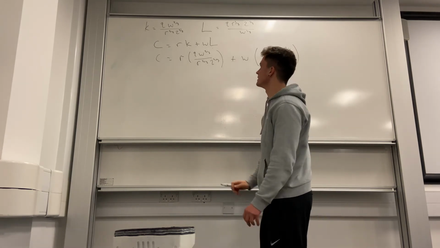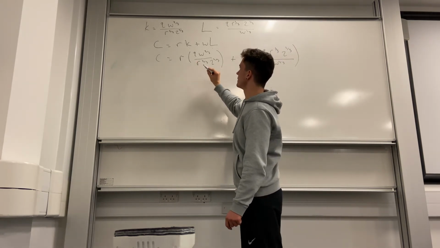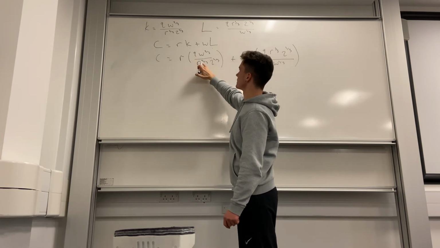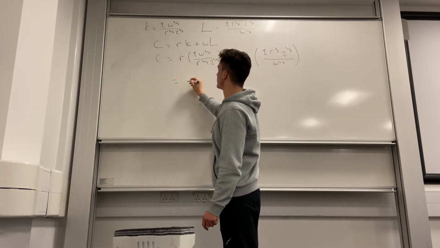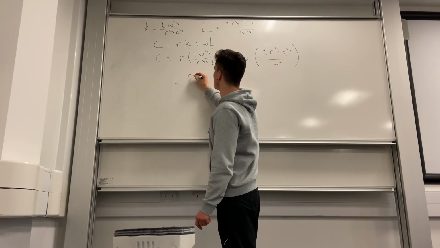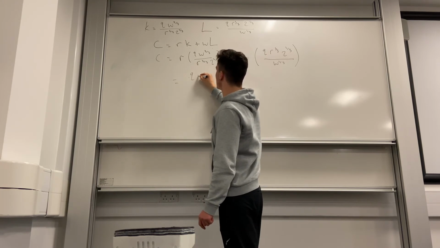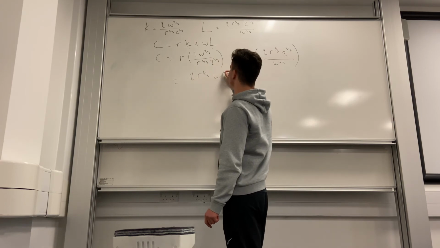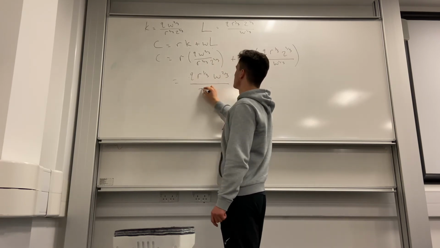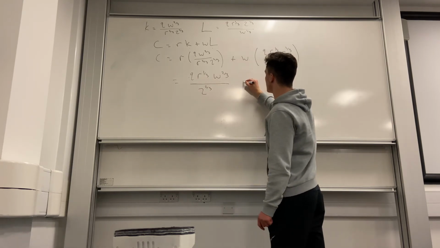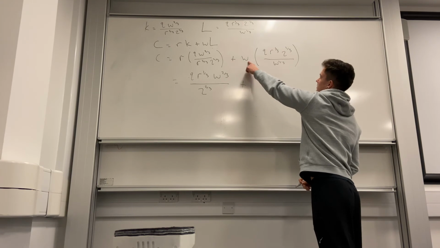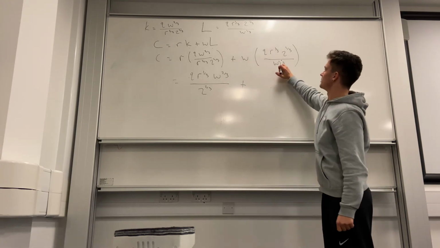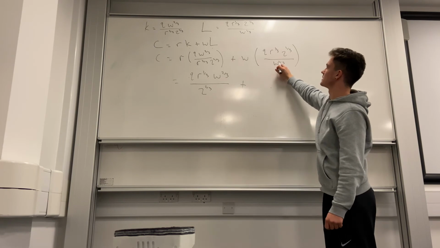So simplifying this, we can see that r and r there, that's times by, so that's the power of 1, and that's 1 over r to the power of 2 over 3, so that would become r to the power of 1 over 3. So we would end up with q r to the power of 1 over 3 w to the power of 2 over 3 all over 2 to the power of 2 over 3 plus w, and you've got it on the bottom here, so when you times it by that, that's w to the power of 1, so that would become w to the power of 2 over 3, so we take away that bit.